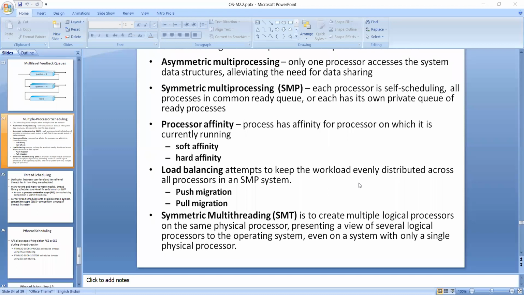It looks like we have many logical processors, but we have a single physical processor. Even on a system with only one processor, it presents several processors to the operating system. That is symmetric multithreading. This is about multiprocessor scheduling.